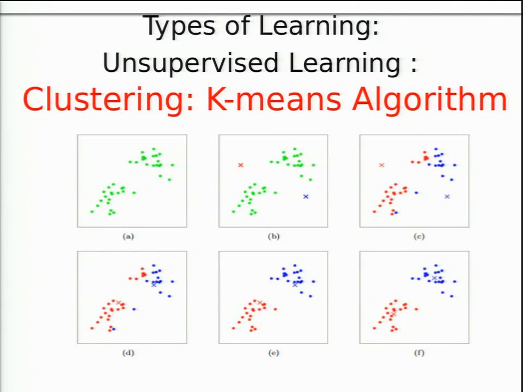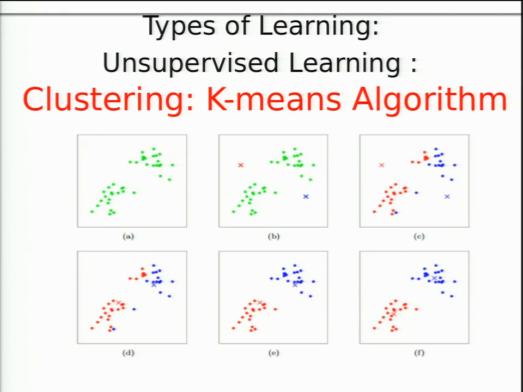In the second step, I update the red cross to be the center of all the red points, and the blue cross to be the center of all the blue points. Again, I color every point closer to the red cross red, and every point closer to the blue cross blue. And again, I update the red cross to be the center of all the red points and the blue cross to be the center of all the blue points. As you see, in 2 iterations, I came up with pretty good clusters. So this is k-means clustering.